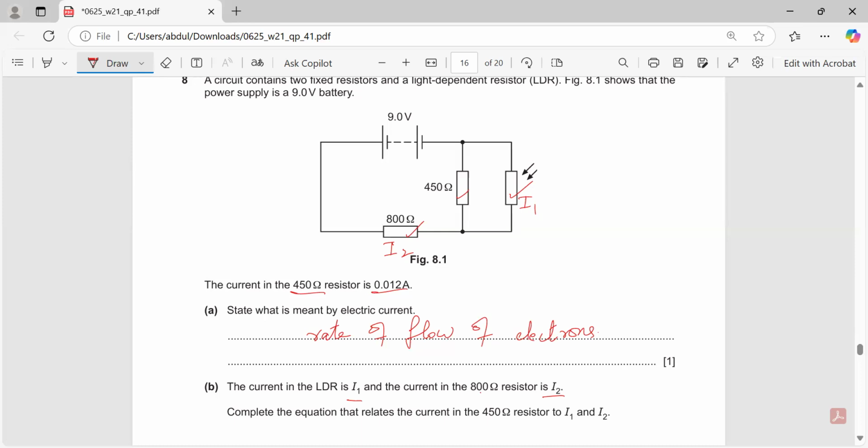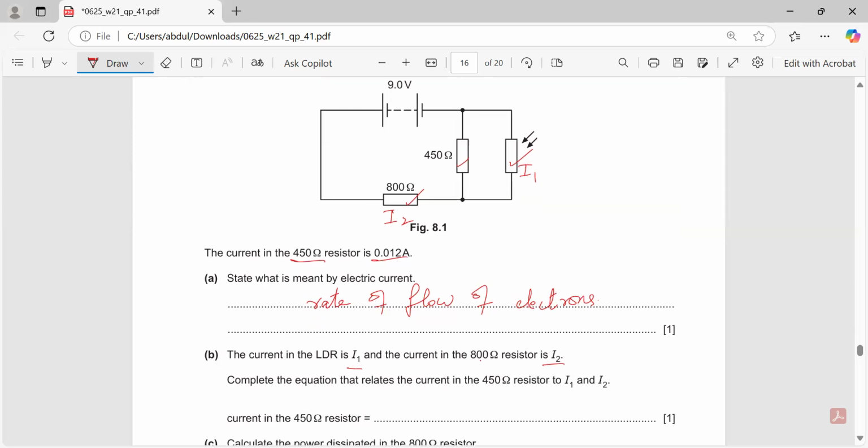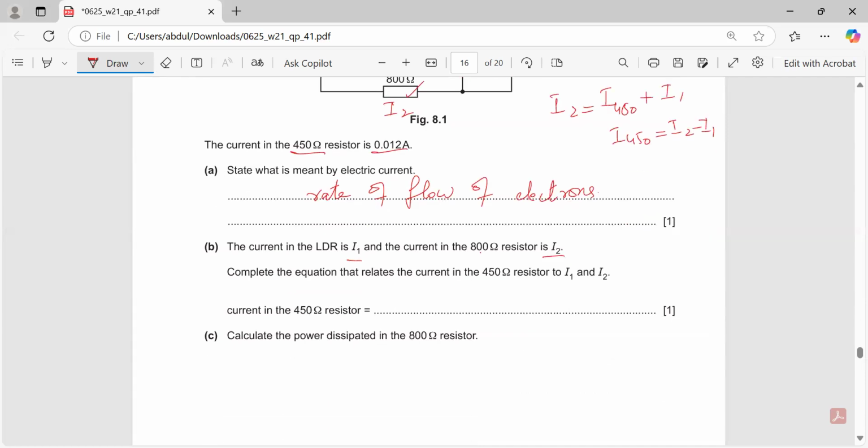So as series and the total current in parallel is equal to sum of the currents in the branches. So I can write I2 is equal to current in 450 ohm plus I1. So current in 450 ohm is equal to I2 minus I1.